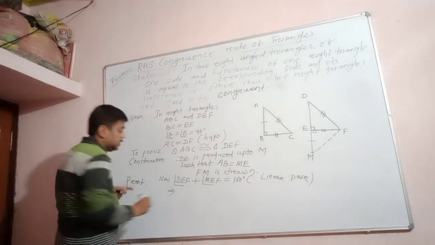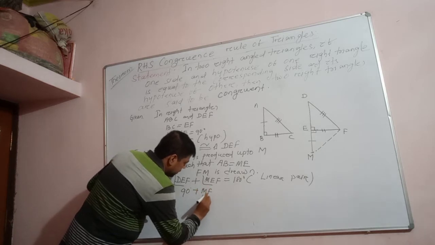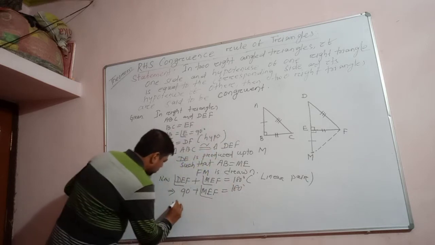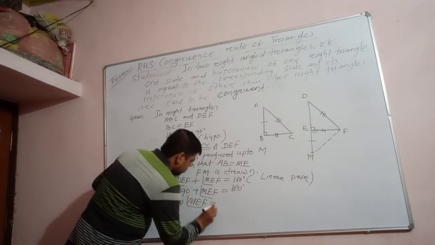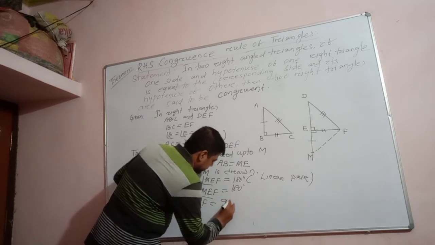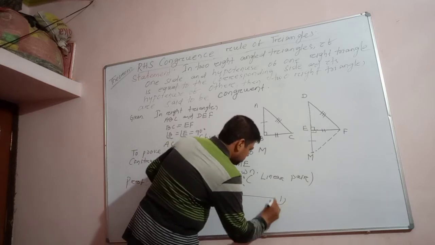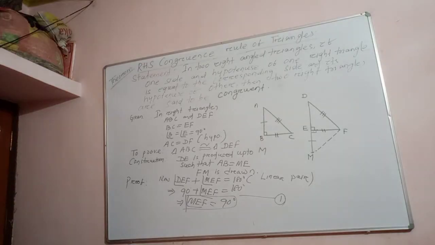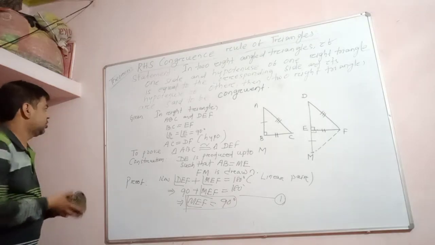Angle DEF is 90 degrees, so angle MEF is 180 minus 90, which is 90 degrees. Understand? Is it clear? Note down, all of you.